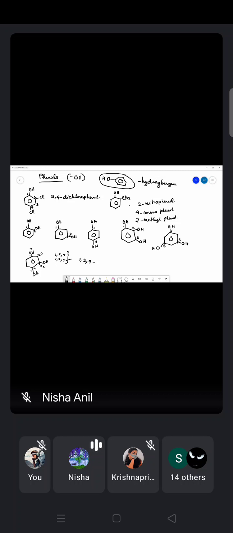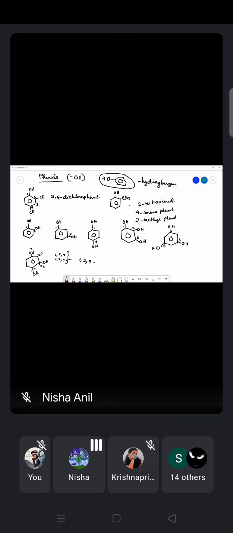So this is how we can name phenols. For phenols, the functional group is the OH group and it is directly attached to the benzene nucleus. It is called phenol or hydroxybenzene. So if other substituents come in the benzene ring, you will number in such a way that the hydroxyl group gets the minimum number and the substituents also get the minimum numbering.